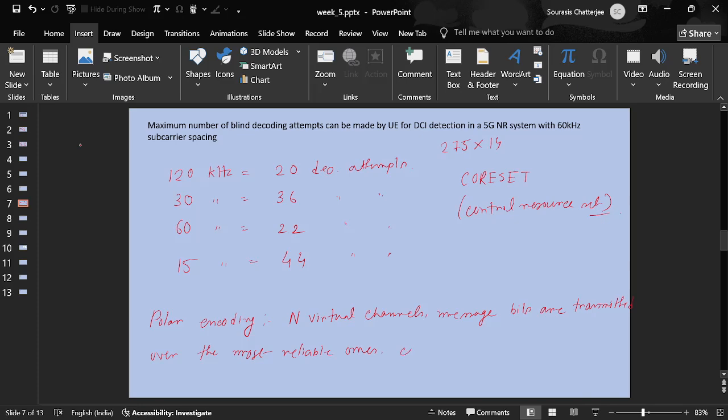I have also mentioned that code rate should be greater than 1 by 8.